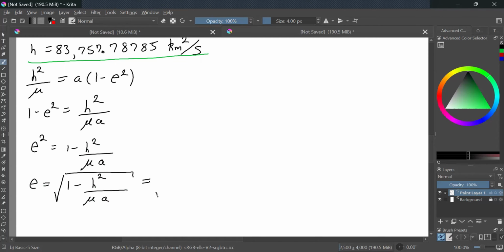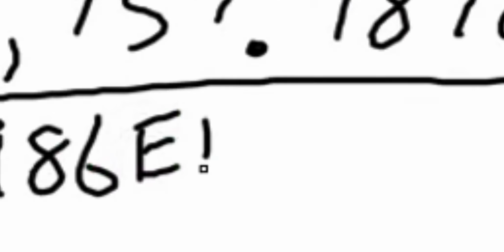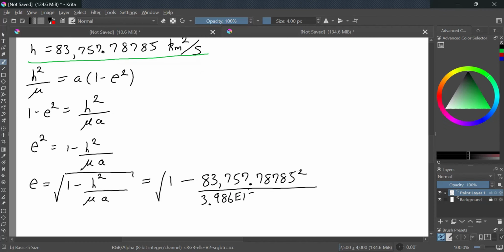When you plug in the values, we'll have 1 minus 83,757.78785 squared over 3.986 times 10 to the 5th. The Earth is getting bigger. 10 to the 5th.